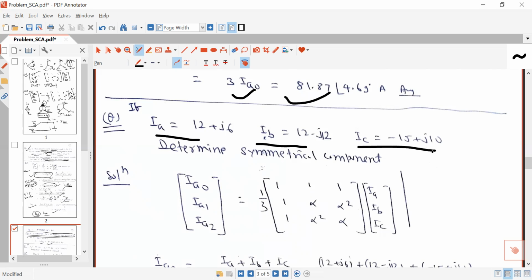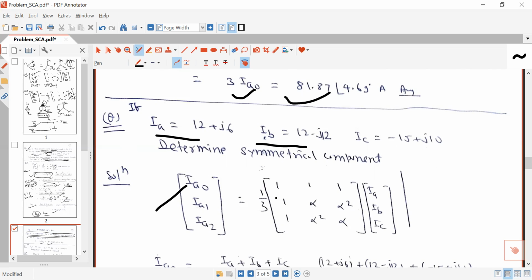Now, in this example, IA, IB, IC are given in rectangular form, and the task is to determine the symmetrical components. You will use the same matrix. This is called the analysis equation. Whenever the values of IA, IB, and IC are known, and you have to calculate the sequence components, you will have to use the analysis equation.